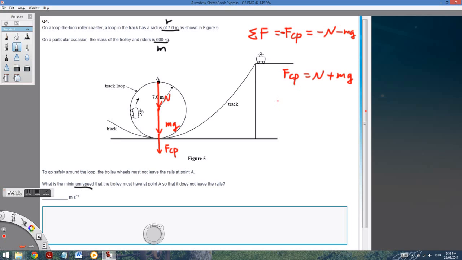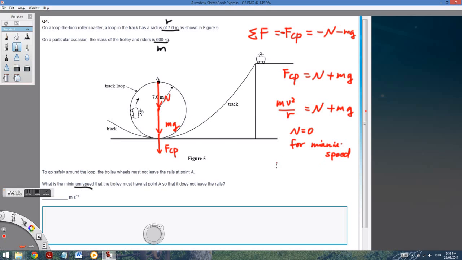Your centripetal force is mv squared divided by r equals your normal force plus mg. In order for it to stay there at the minimum speed, N must equal 0. If your normal force is less than 0, it means the trolley drops down.